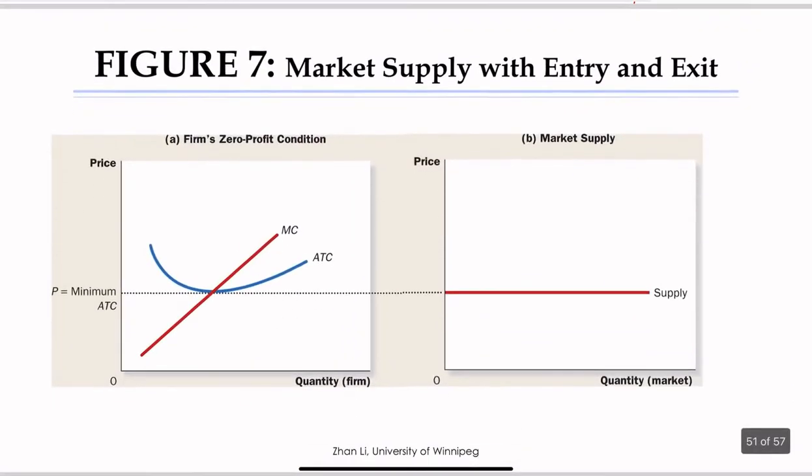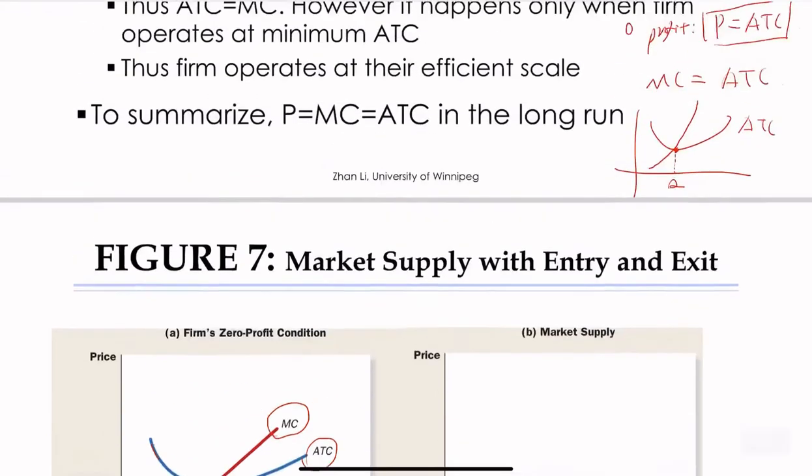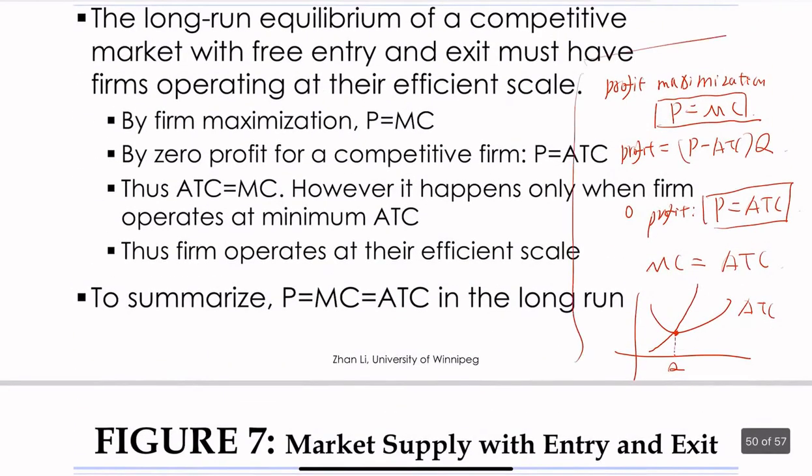You can see this from this picture. You have this average total cost curve here, right? So this is the ATC curve, and this is the marginal cost curve. What you can see here is that we understand marginal cost equals average total cost, right? We just made the argument here.